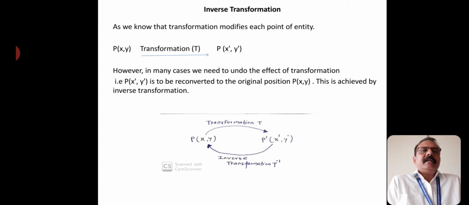However, in many cases, it is required to undo the effect of this transformation. It means that point P with coordinate x dash y dash is to be reconverted to the original position, and the original position is point P with coordinate x y. This is called inverse transformation. Simply, inverse transformation is used to undo the effect of a transformation.